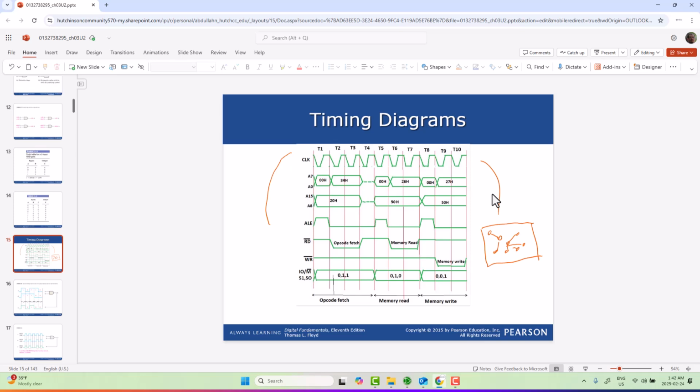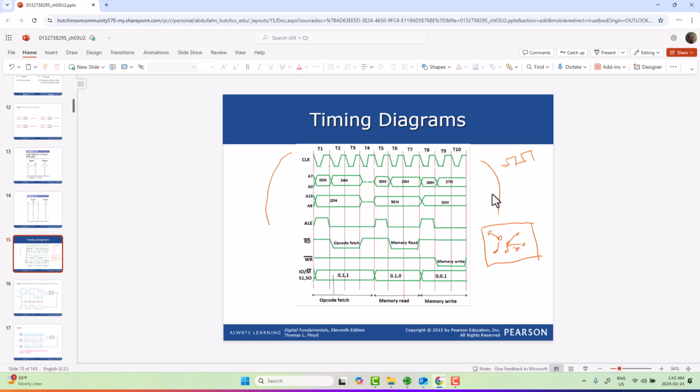Last time we talked about signals, and we said that computers use some sort of square signal going on and off, high and low, and that is the sort of communication that's happening between the different components.